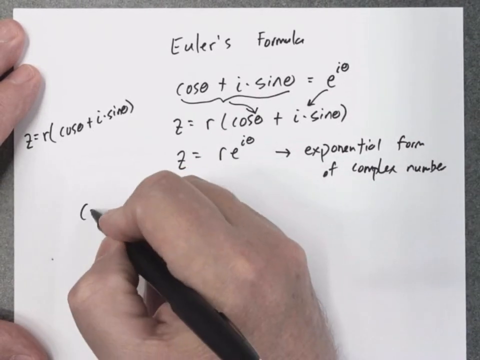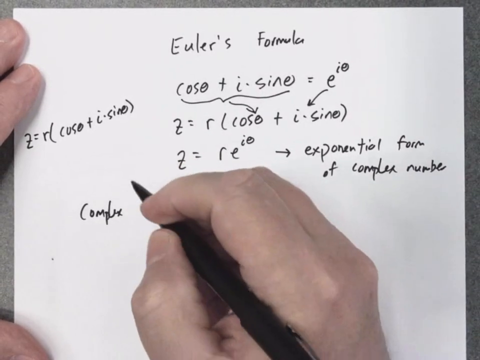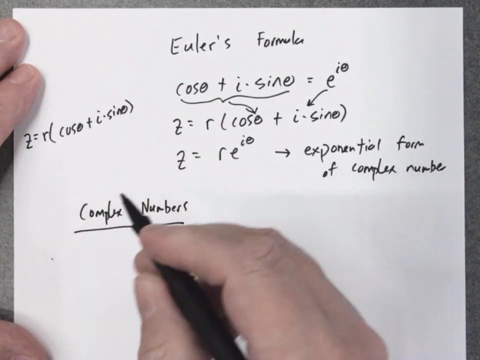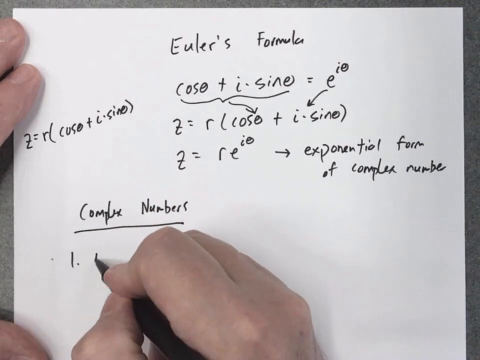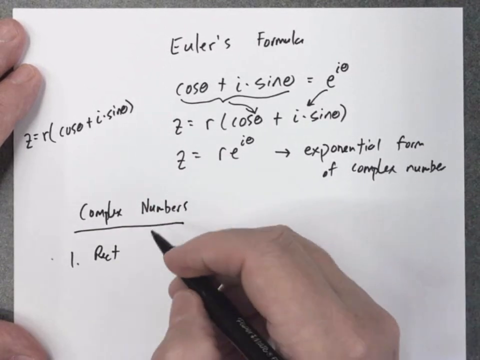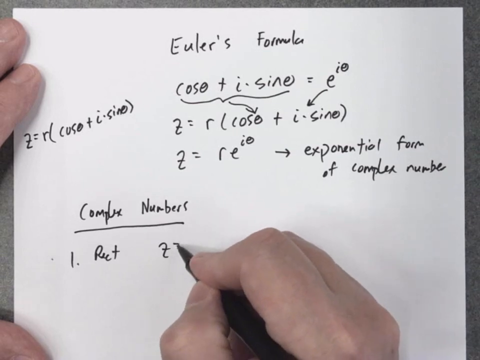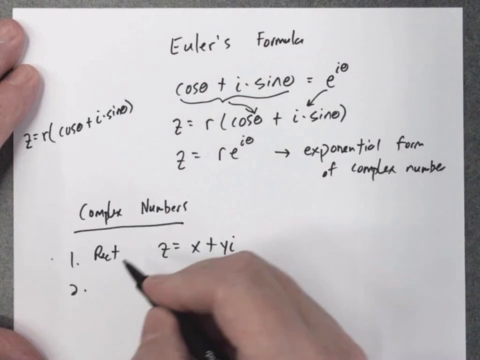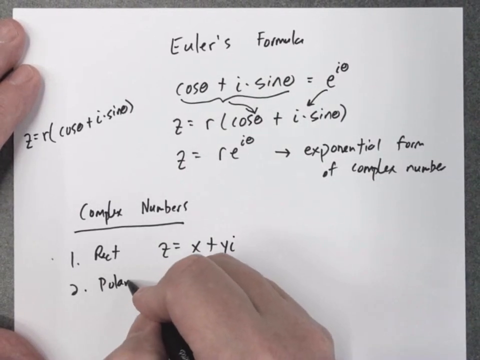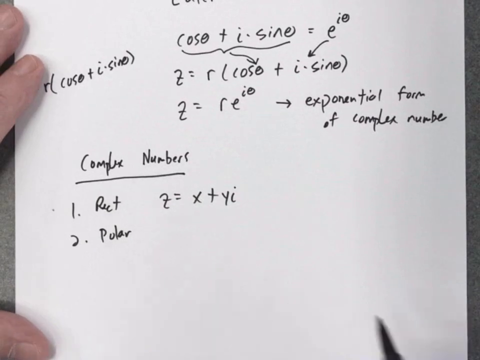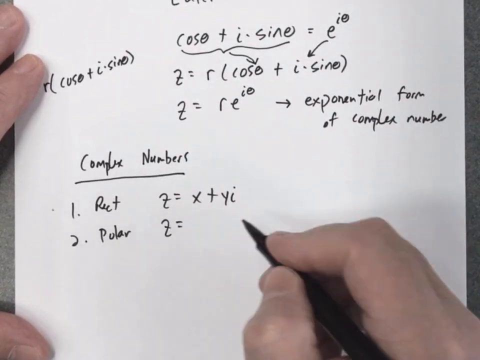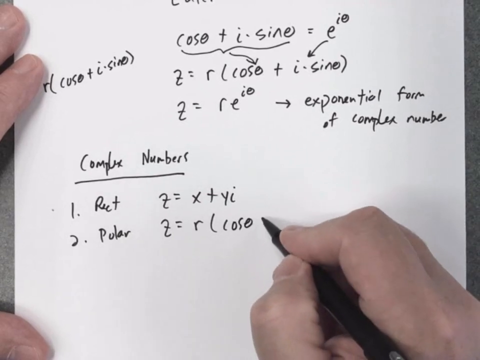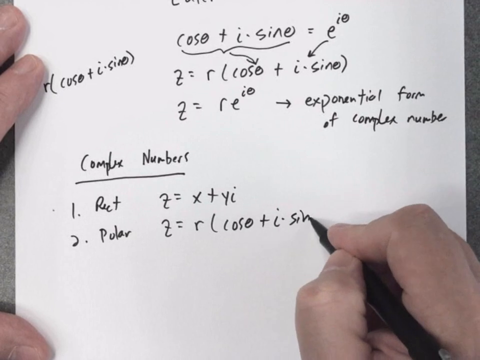To express complex numbers, we can first do it in a rectangular form. z equals x plus yi. Then we learned about how to write a complex number in the polar form, where z equals r times cosine theta plus i times sine of theta.